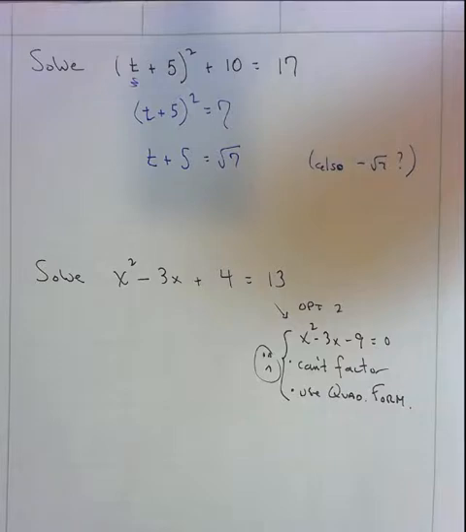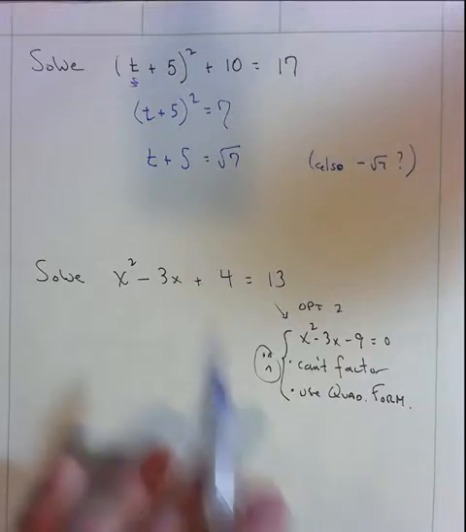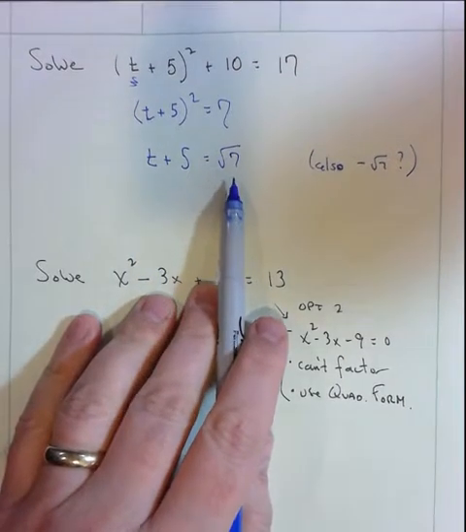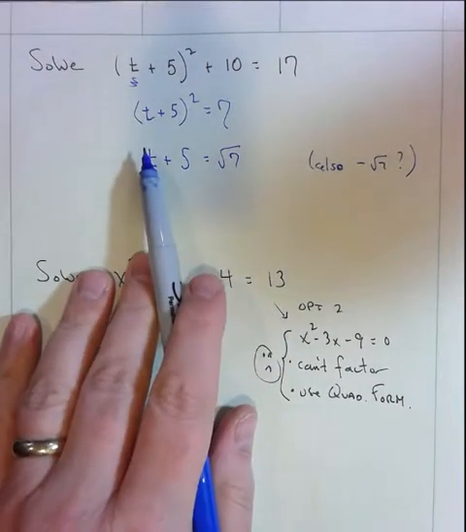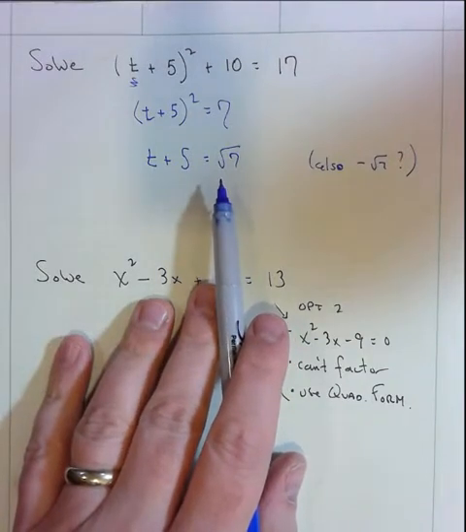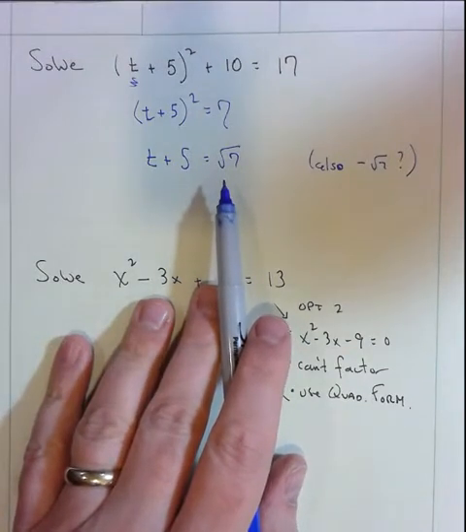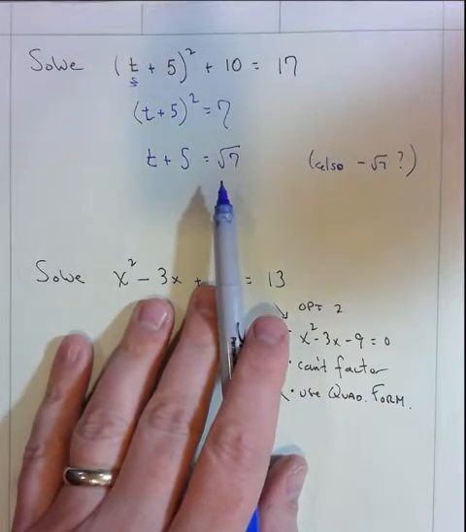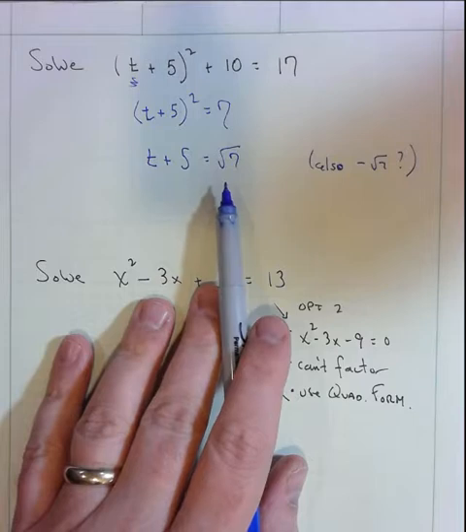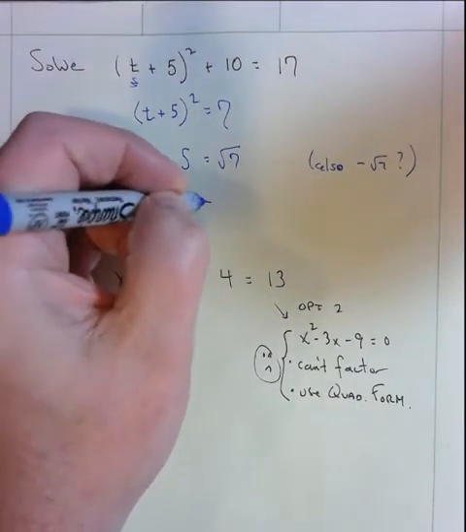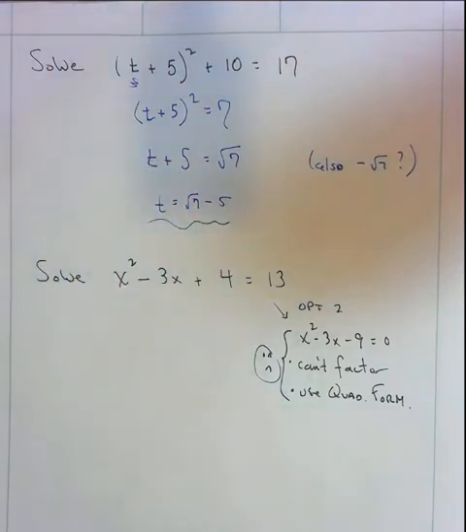We could start carrying around that whole plus minus, or we can take the alternate attack on the problem, which is just to assume that we are using the square root function, whose domain and range are adapted so that there is only one output from the function, and that would be the positive output. Then we subtract 5. And so that is our answer.